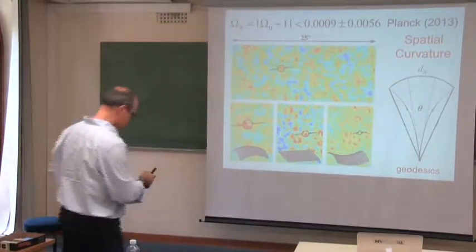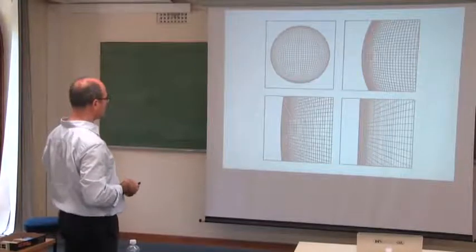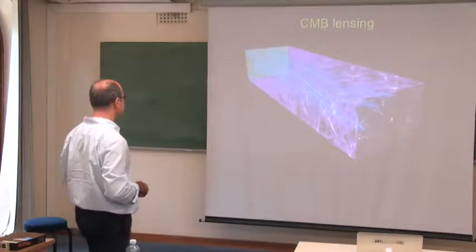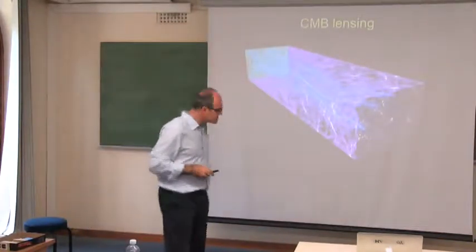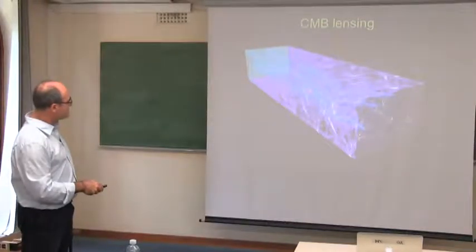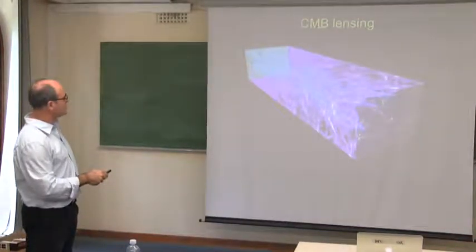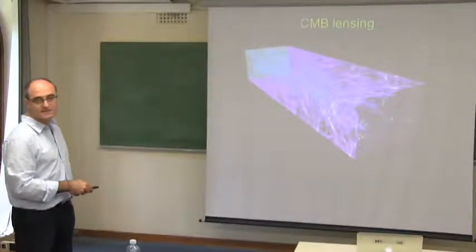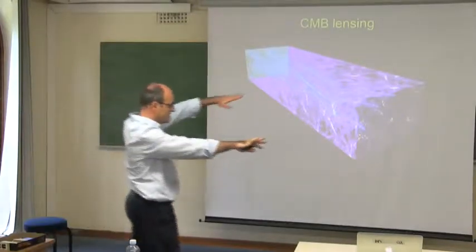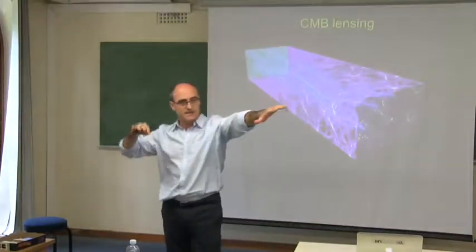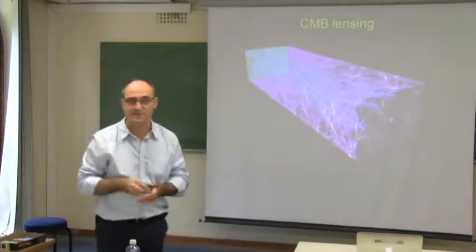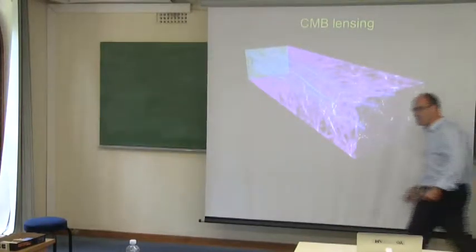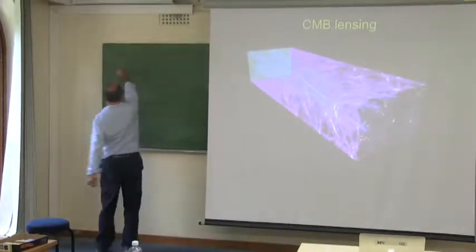Okay? Let's go on. So for the moment, the only thing we know is that somehow some mechanism must have made this thing extremely flat. Not only do we have curvature, we also have the effect of the matter distribution between the CMB and us, which acts as a lensing field for those photons to travel across. Remember, maybe I should emphasize here, it's not that the universe is perfectly flat or Euclidean.